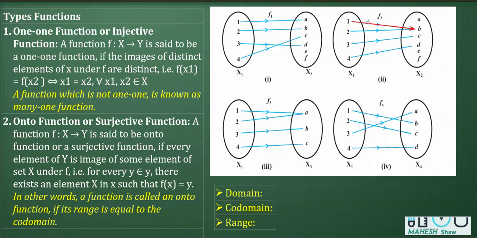So we should say that it is many to one, like more than one should be considered as many, right? So we'll say that this is not a one-one function because the elements 1 and 2 in the domain have the same image, that is B, in the codomain.